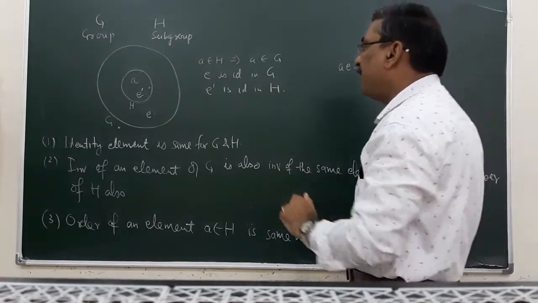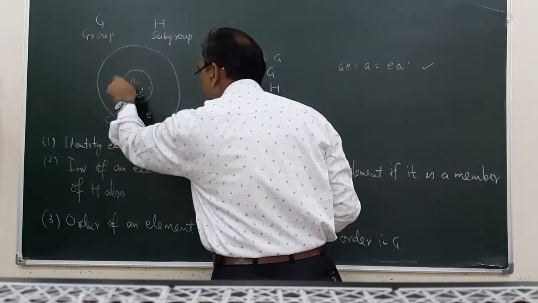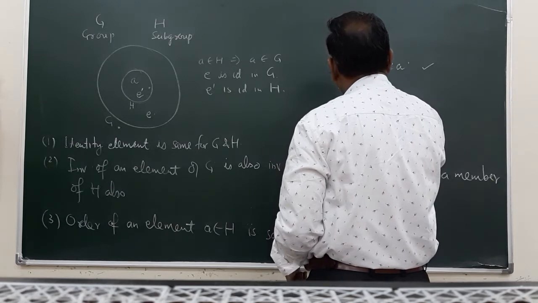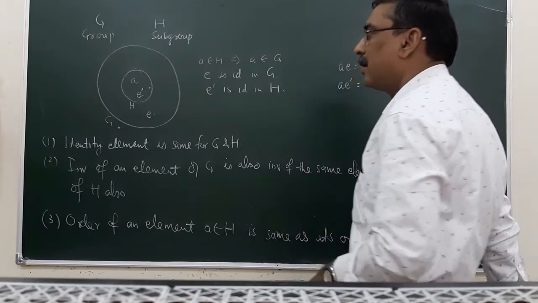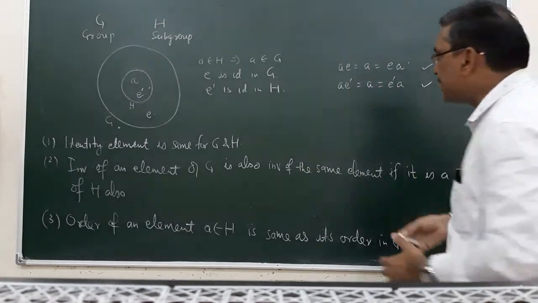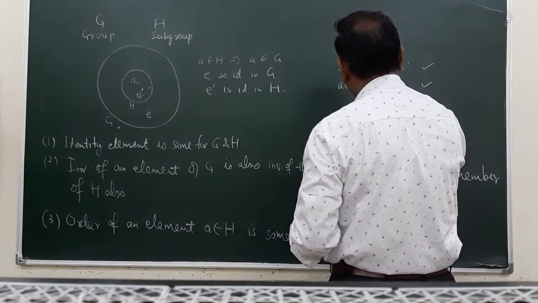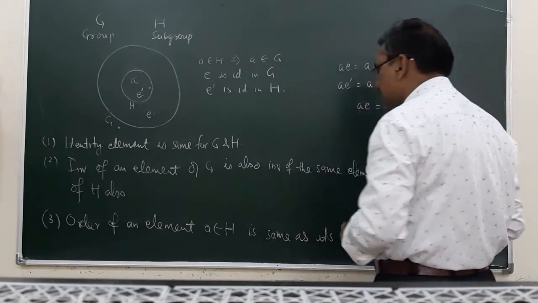And if E dash is the identity for the element A in this subgroup, then AE dash will be equal to A is equal to E dash A. Now from these two results, we can see AE is equal to AE dash.